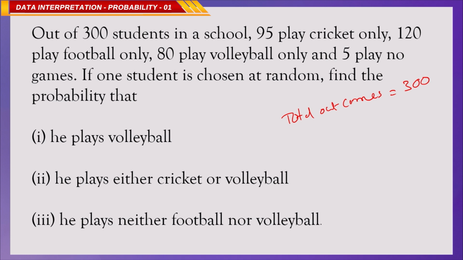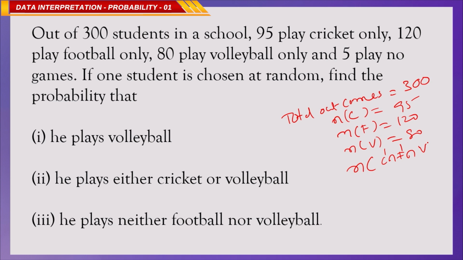The students who play cricket, N of C, is 95; football, N of F, is 120; volleyball, N of V, is 80; and neither, C dash intersection F dash intersection V dash, is 5. This is the information given.